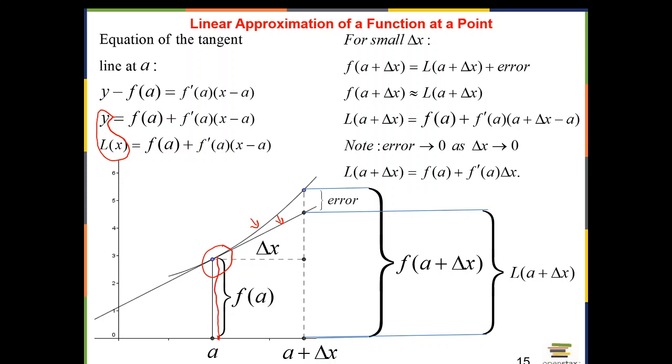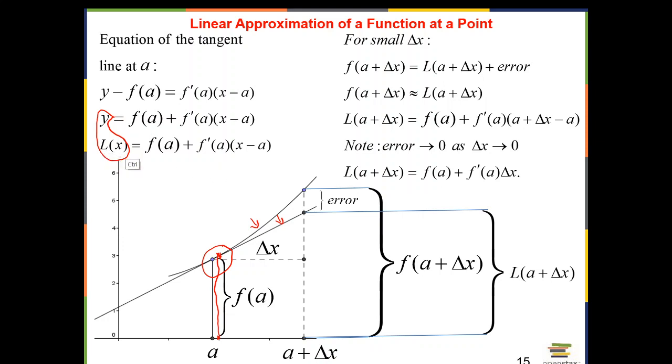So the difference between the tangent line and the function is really small. Okay, so for a small delta x, f of a plus delta x can be found by using the tangent line.